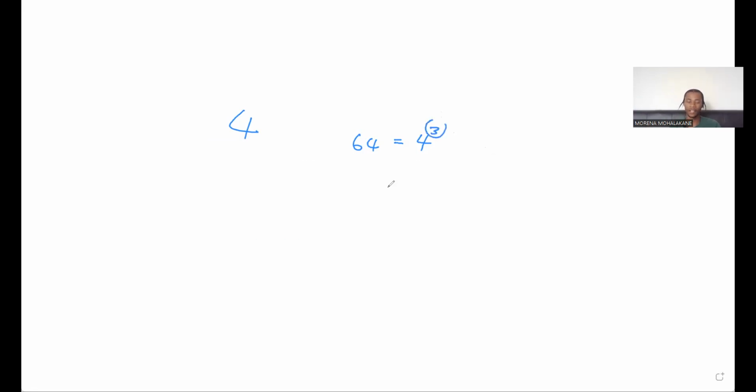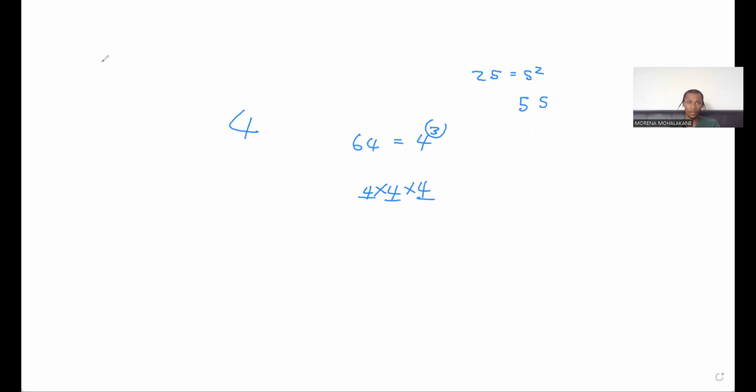So the 3 tells us there are three 4s, which are the factors of 64. The exponent tells us how many same factors we have. So 25 is 5 squared, and we have 2 of the same factors.